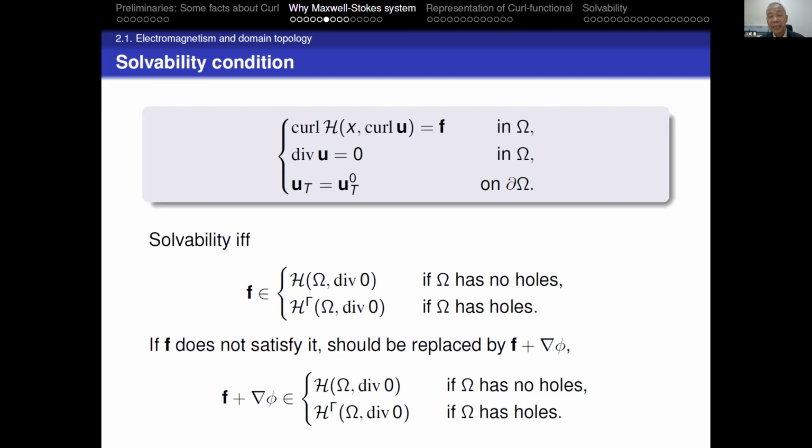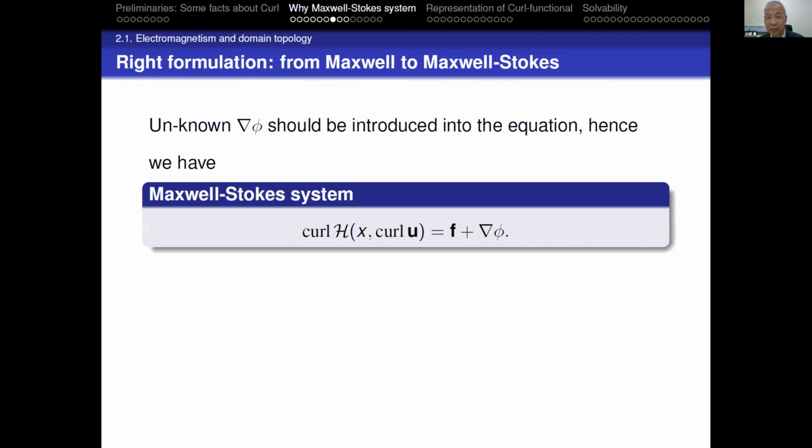In other words, if Omega has holes, then you make F plus grad phi satisfy that extra condition on the boundary. And then you move from Maxwell to Maxwell-Stokes. You can have such kind of equation, and with this extra term, you have more freedom to have a solution.